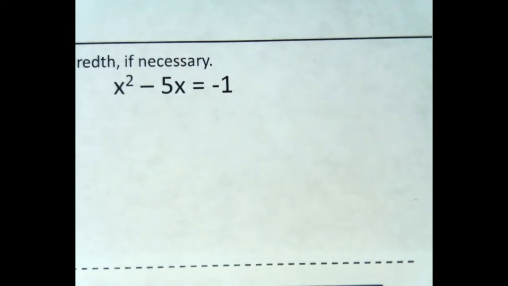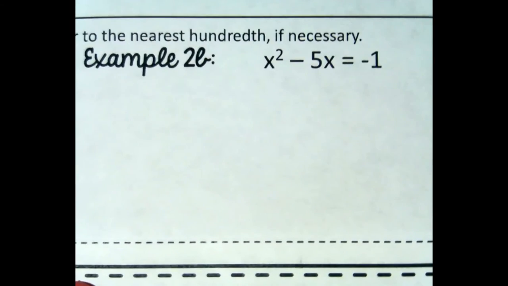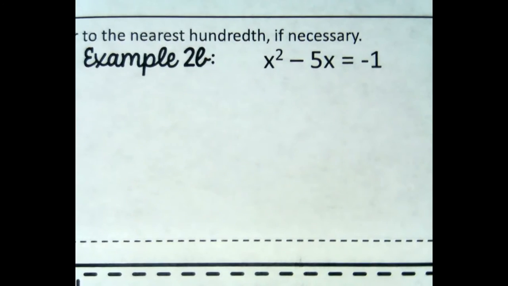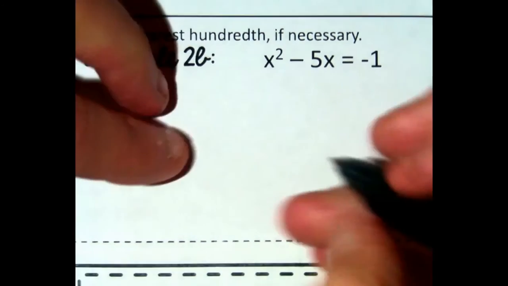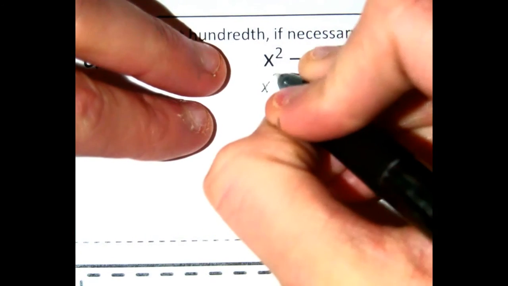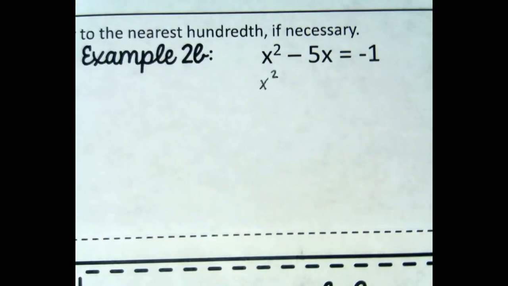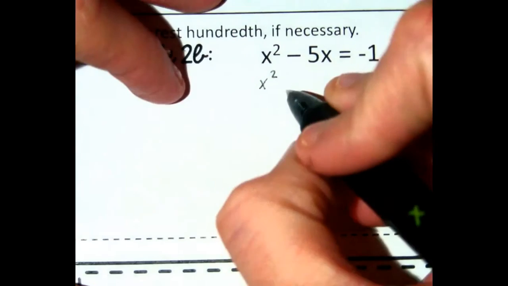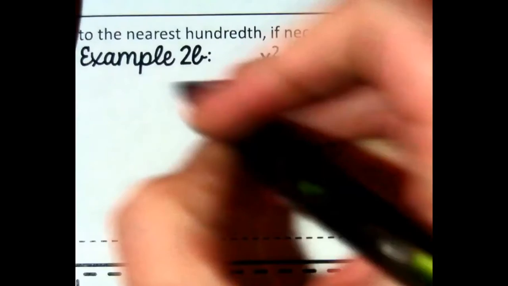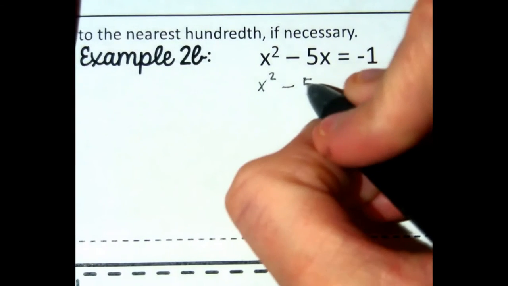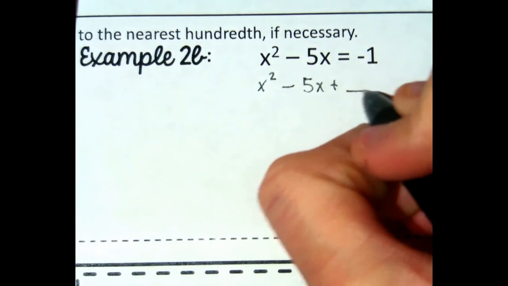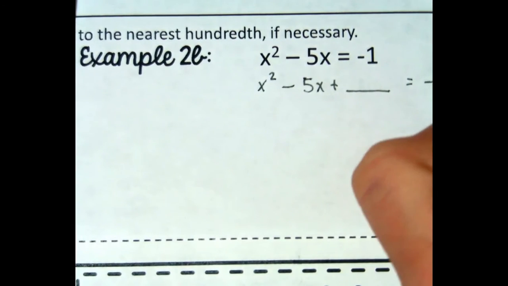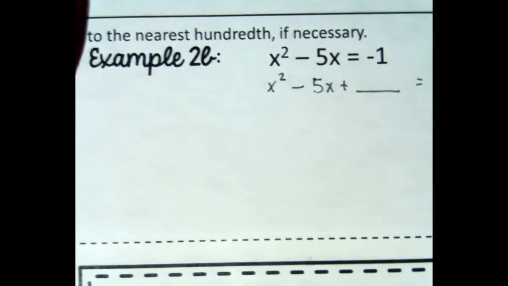Alright, number 2B. What is the first thing you do? -5 divided by 2. I actually need a blank first, because some of you are forgetting to put your blanks on both sides. Okay. -5 over 2 squared.